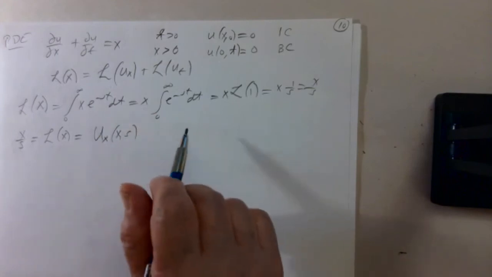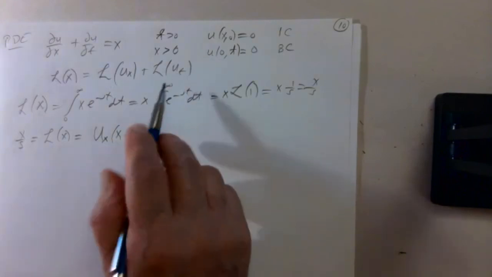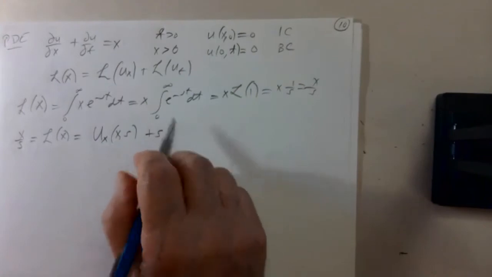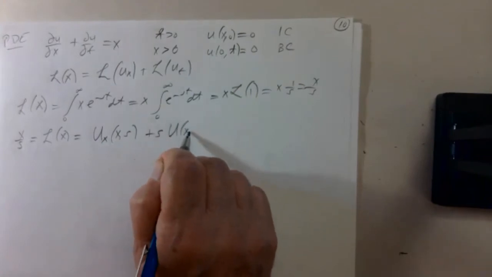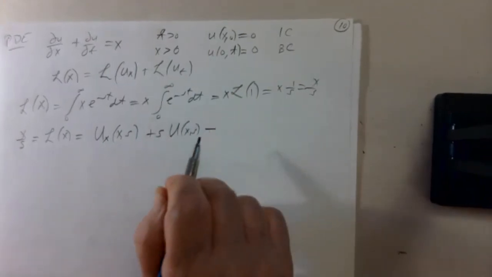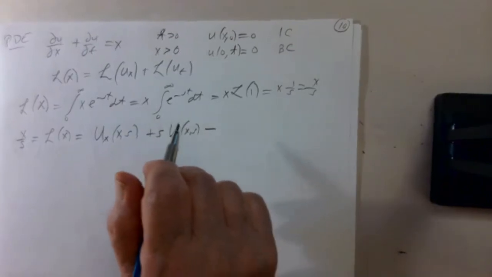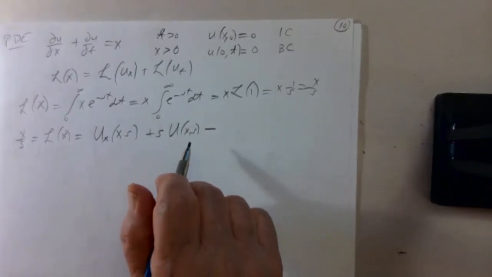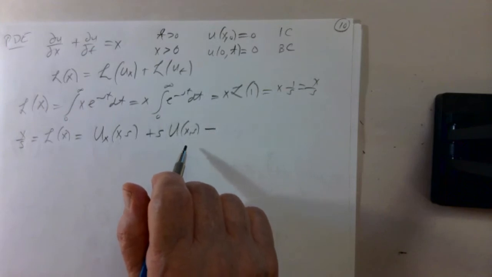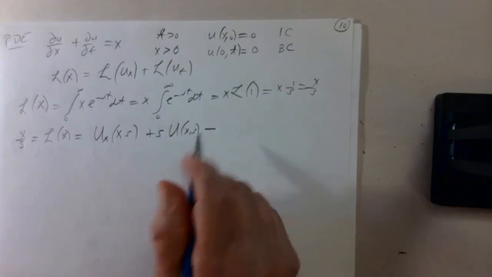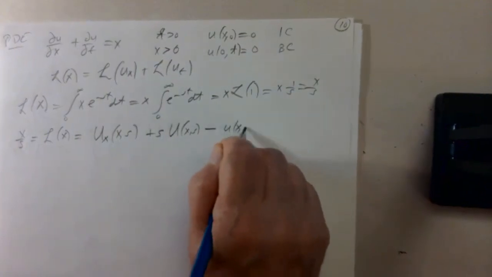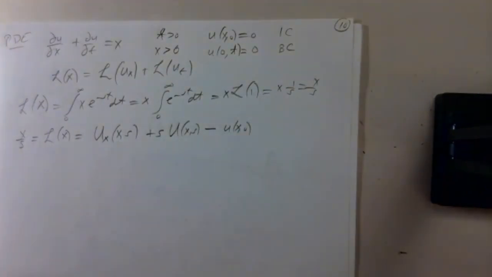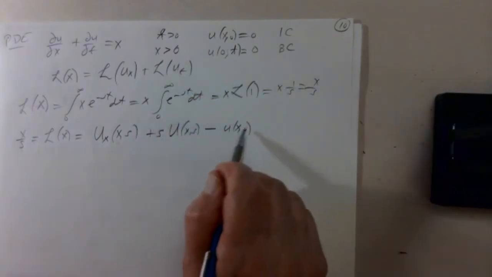The Laplace transform of u with respect to t is s times u of x, s minus the initial condition, little u of x, 0, which is equal to 0.